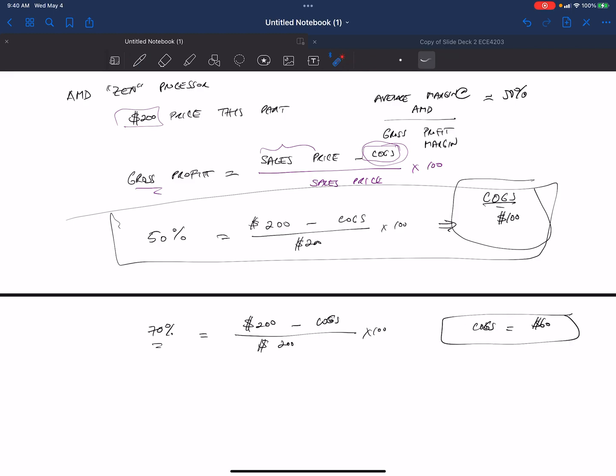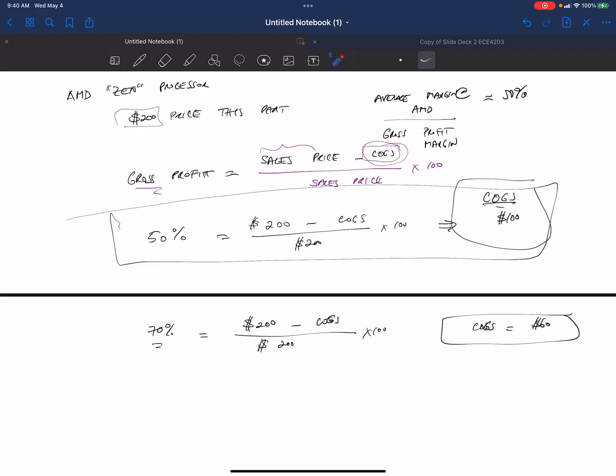Okay, the reason this is a little bit confusing is because we're going backwards from the sales price and the expected margin to a cost of goods sold. Anyway, it's easy to go wrong with the calculations.